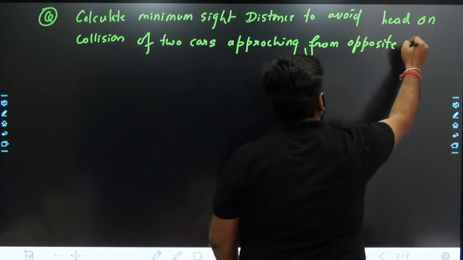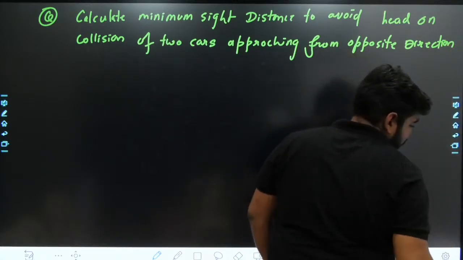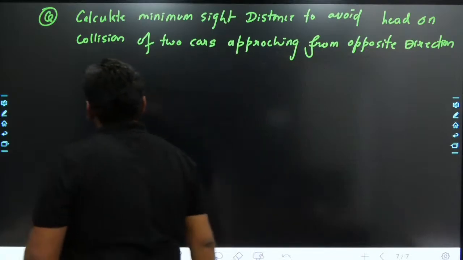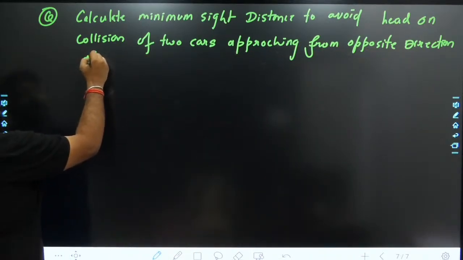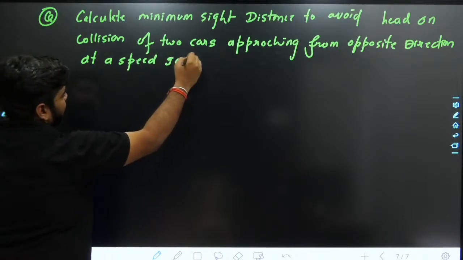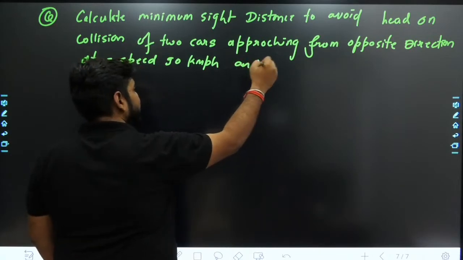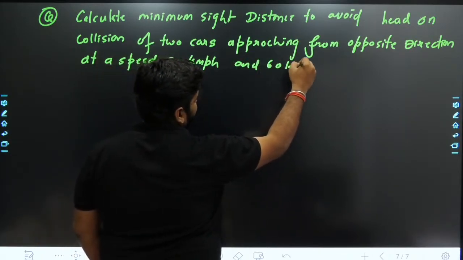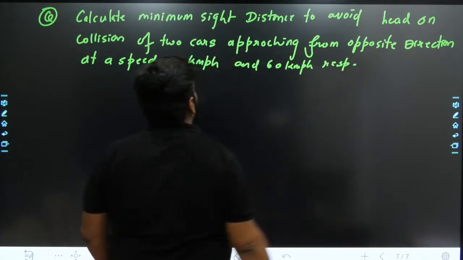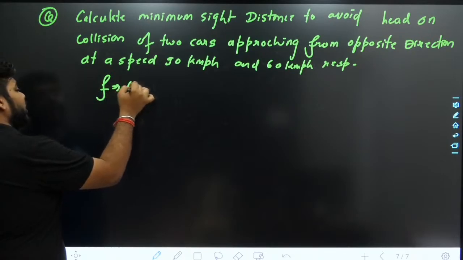Approaching from opposite direction at a speeds of 90 kmph and 60 kmph respectively. Fine. And the friction value f is given as 0.35.